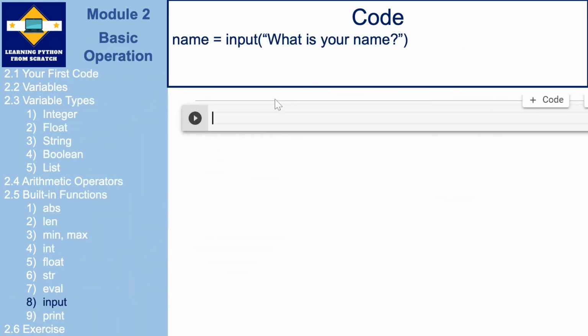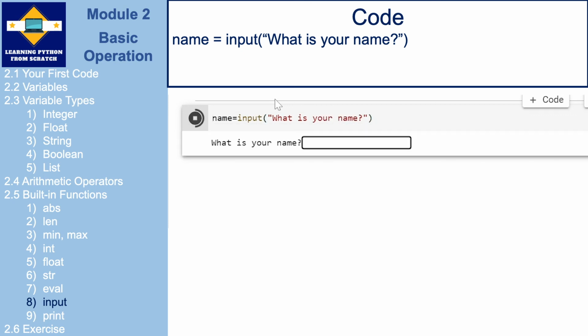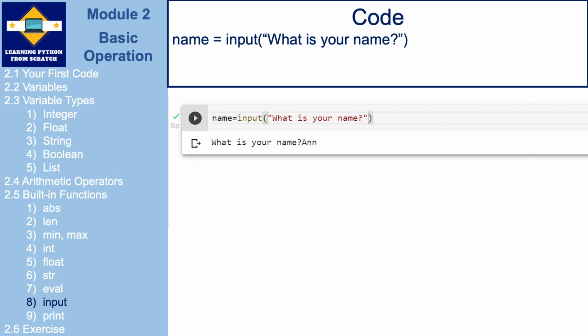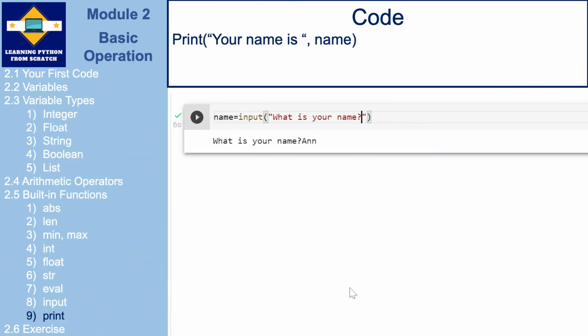Next, the function input displays the argument and takes user input as a string. So name equals the user's input of what is your name. So I input N as an example. Now the variable name is the user's input N. Last but not least, print is a simple way to produce an output.